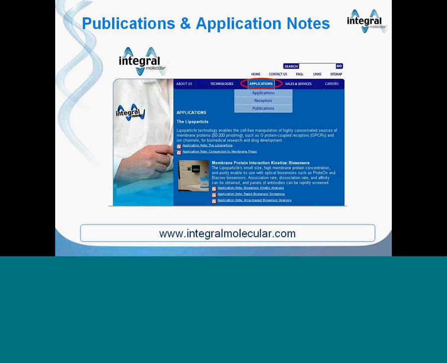With the lipoparticles being that large and the SPR wave that comes off, can you hear me? Yes. Okay. The SPR wave kind of loses its sensitivity around that range. Do you get any sort of artifacts from that? If you have an antibody that binds to the top of the lipoparticle versus the side of the lipoparticle, would you get a different RU response?